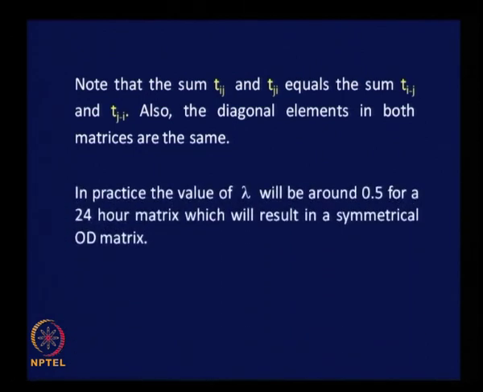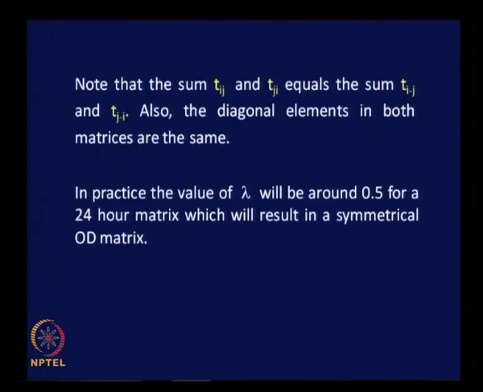In practice, as I said, the value of lambda will be around 0.5 for a 24-hour matrix. We do normally 24-hour matrix, 1 day travel is our interest, which will result in a symmetrical OD matrix. That is the difference. In the earlier case, the symmetry was not there. There were changes in the cell values of the matrix.